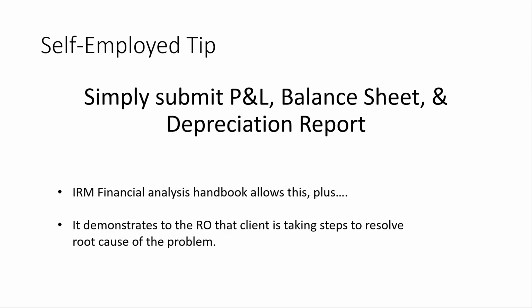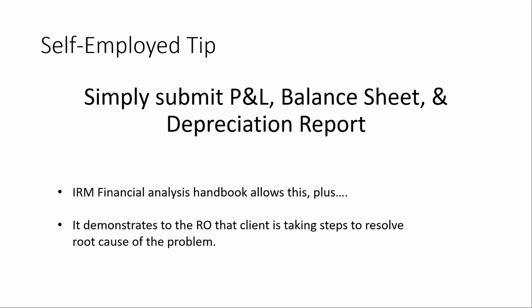Not only does the IRM permit this, but it demonstrates to the IRS that you and the client are taking steps to resolve the root cause of the problem. The root cause of the problem for most self-employed people is that they just keep crappy records, okay? And that's why they have a tax debt. That's why they're not paying their estimates, because they just don't know how much to pay because they don't keep good records, all right?